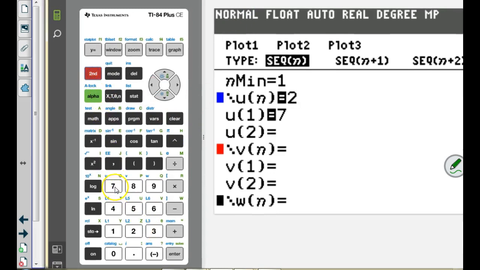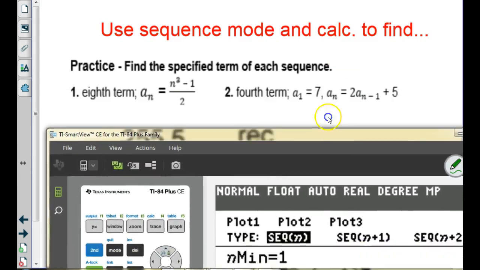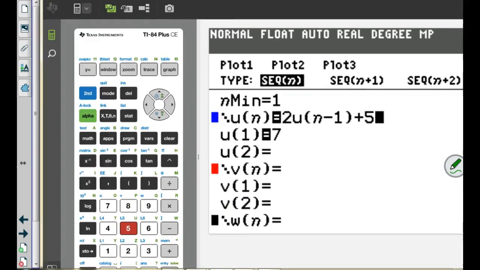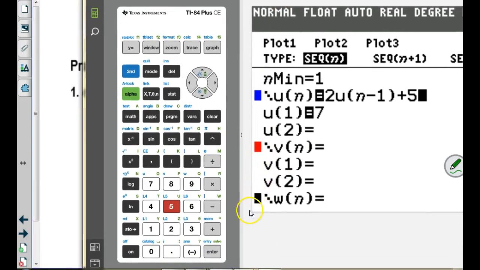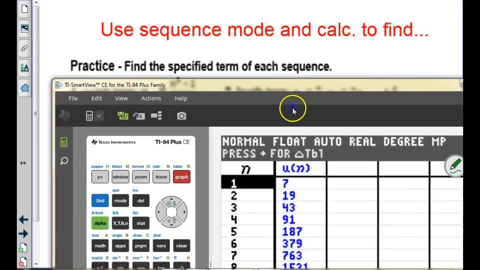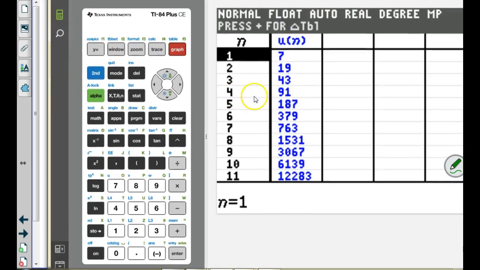And then second 7, parenthesis, n minus 1, close parenthesis, and what was the rest of it? Plus 5. Again, I wouldn't have done this on a calculator probably if I had to do this for a question. But if you go to the table now, it will list the terms. And they wanted us to find the fourth term, so we got 91.